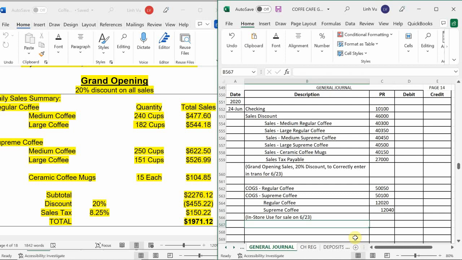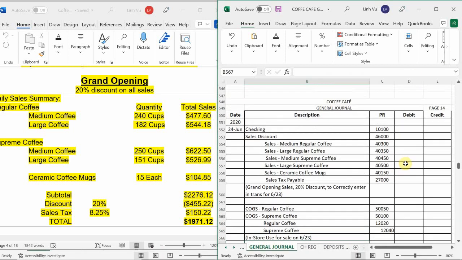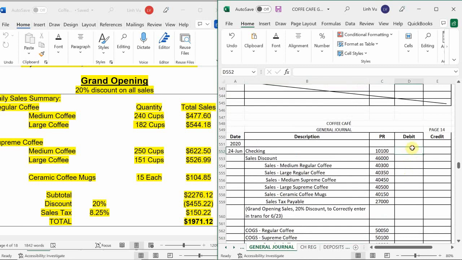So let's take a look here. We got checking, sales discount, and all the sales. So in this case, what numbers are going to go here? How much money did I earn? $1,971.12.